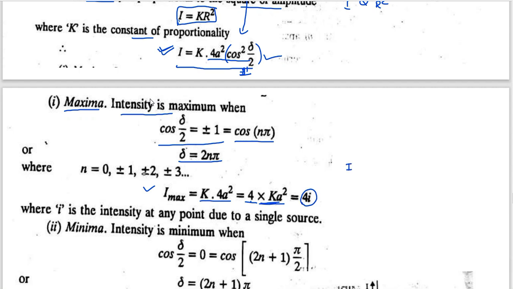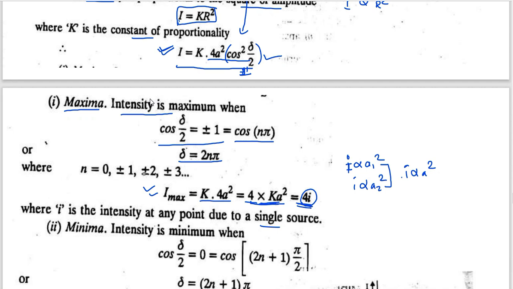This small I is the intensity of the individual waves, because I is proportional to a1 square and to a2 square, and a1 equal to a2, so we use I proportional to a square. S1 and S2 are two slits, so for a single slit, I is the intensity. So I max equals 4I, where I is the intensity at any point due to a single source.